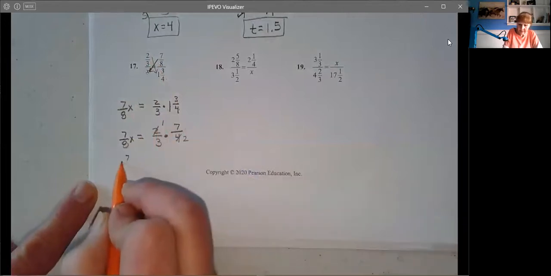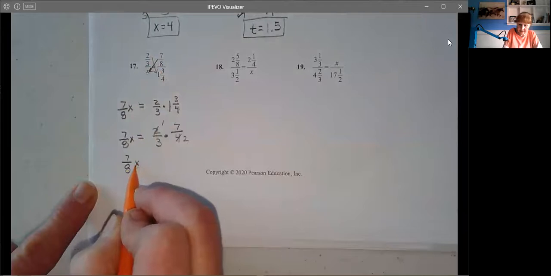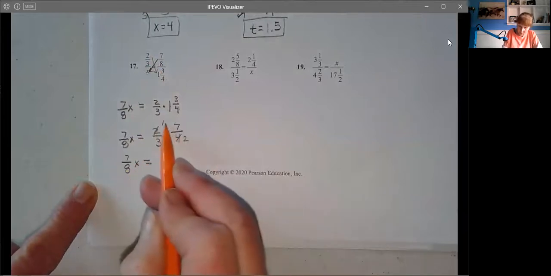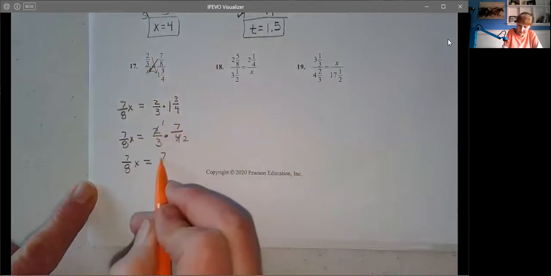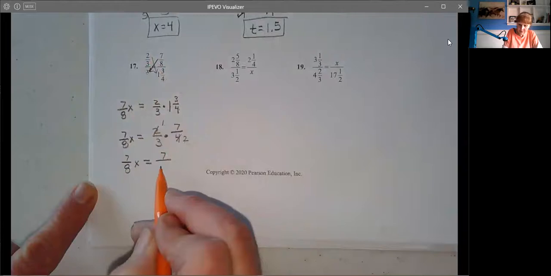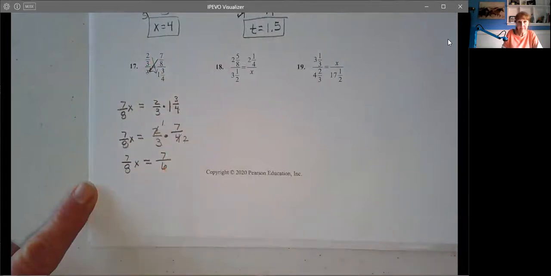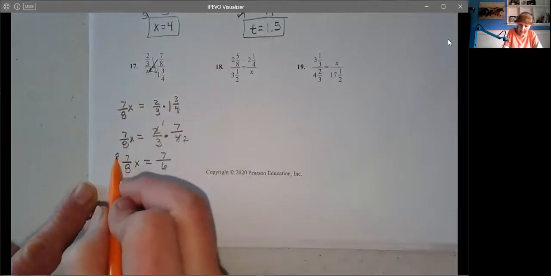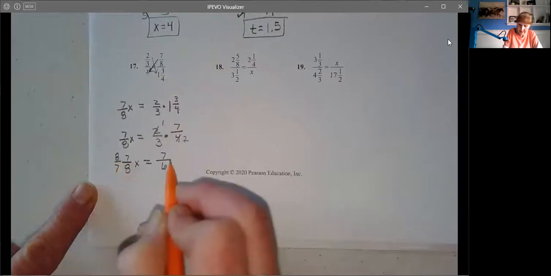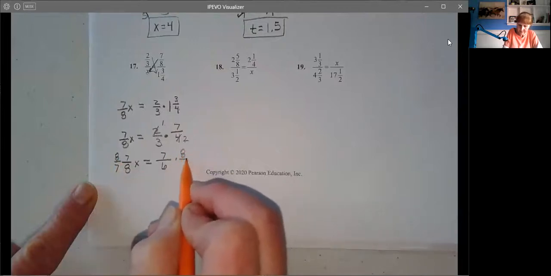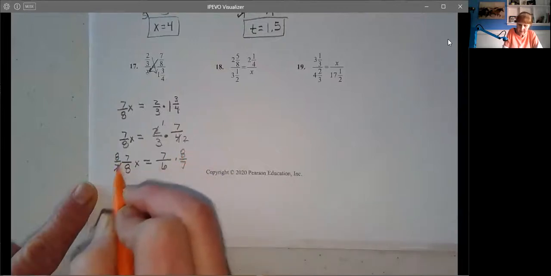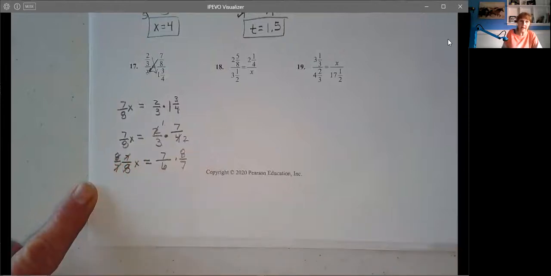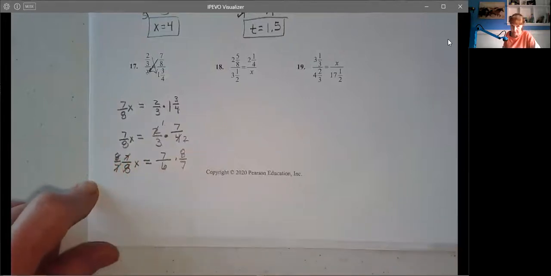So I have 7/8 x. 1 times 7 is 7. 3 times 2 is 6. To solve this, I will multiply by 8/7 so that I end up with my 1. I multiply by the reciprocal.